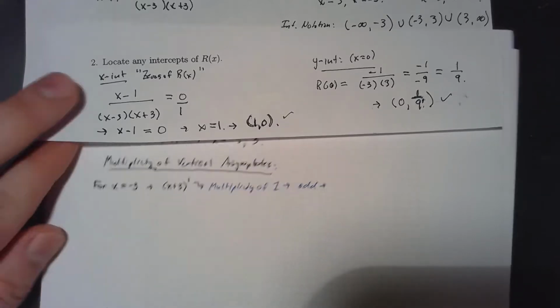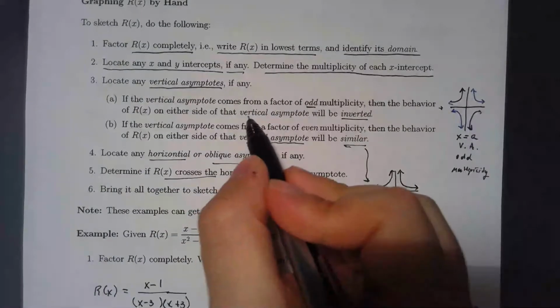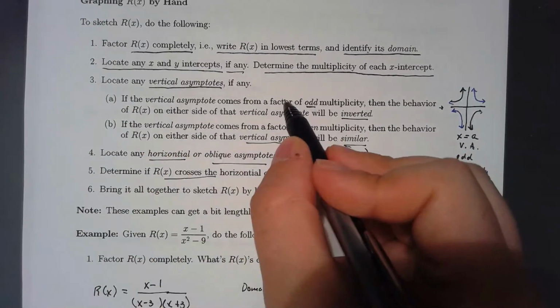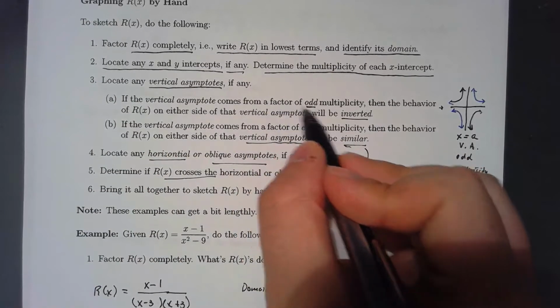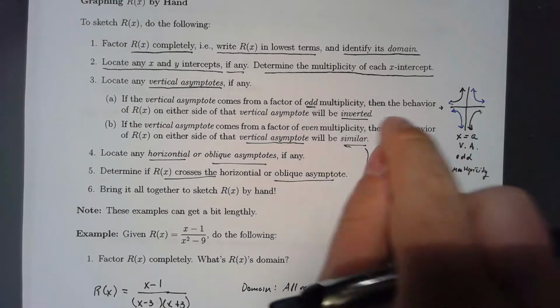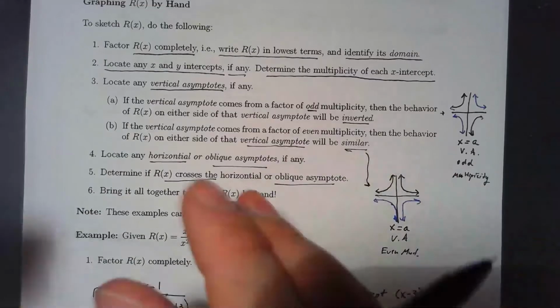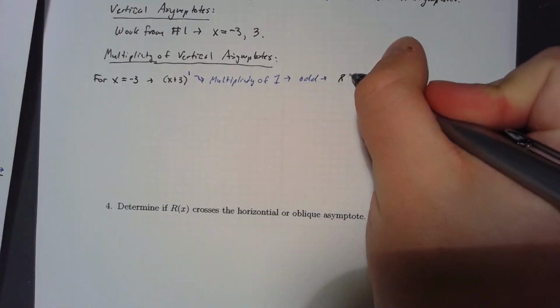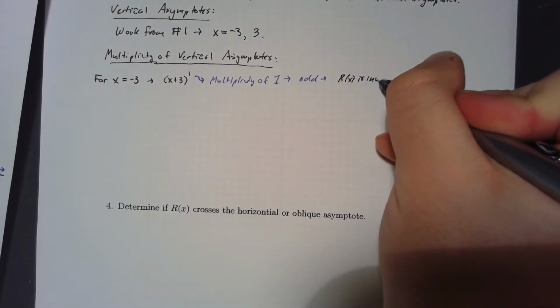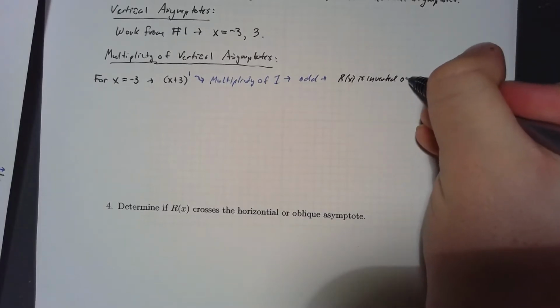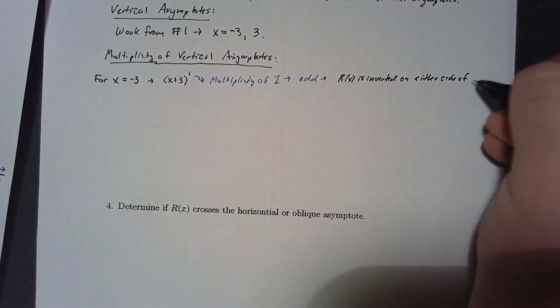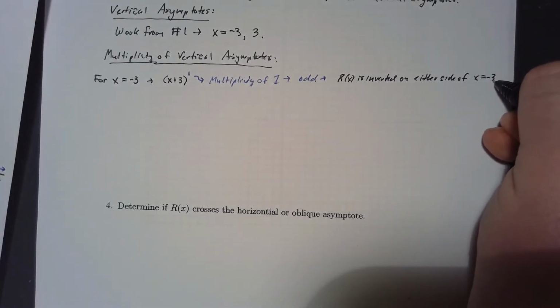If my vertical asymptote comes from a factor of odd multiplicity, then the behavior on either side of that vertical asymptote is inverted. So that means r of x is inverted on either side of x equals -3.